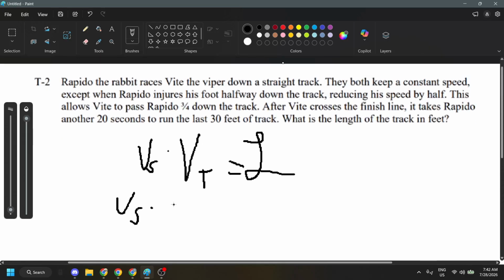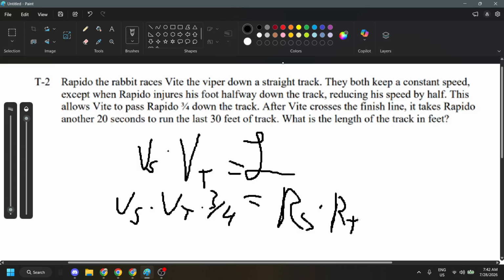Vite speed times Vite time times 3/4 is equal to rabbit speed times rabbit time times 1/2, because we have half of the way down.